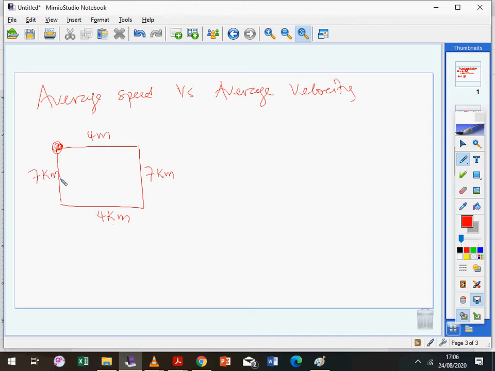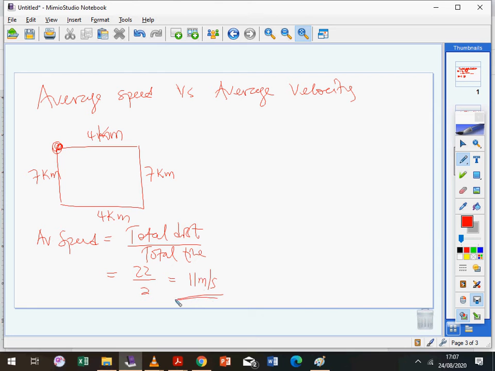I guess it's kilometers. This person's average speed would simply be the total distance divided by the total time. So total distance is 14 plus 8, 22. Total time, let's say this thing took him 2 hours. His average speed would be 11 meters per second. That is his average speed.